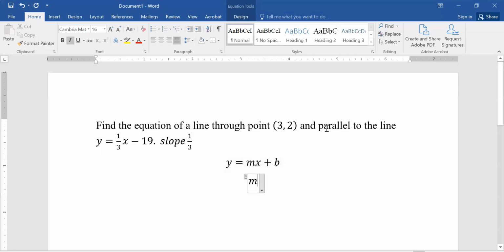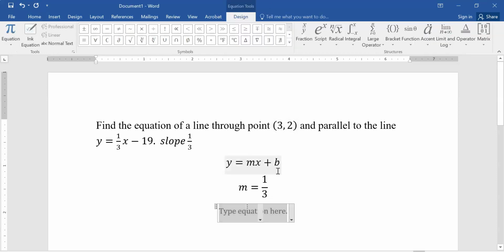If our line needs to be parallel to this one, then our line also needs to have a slope, or m, equal to 1/3. So that's the idea. Now we know the slope. We know that it's through the point 3, 2. So I do the standard procedure.